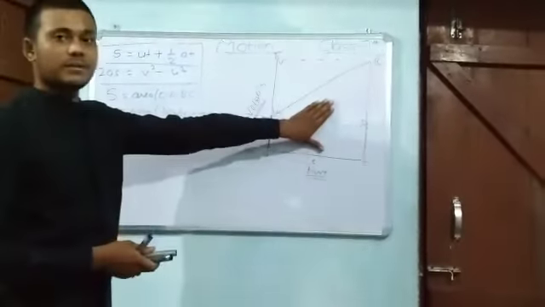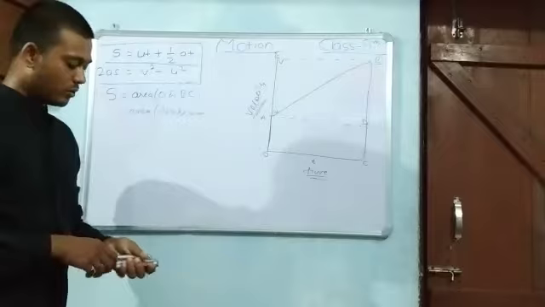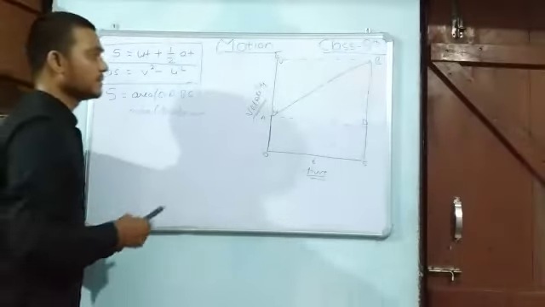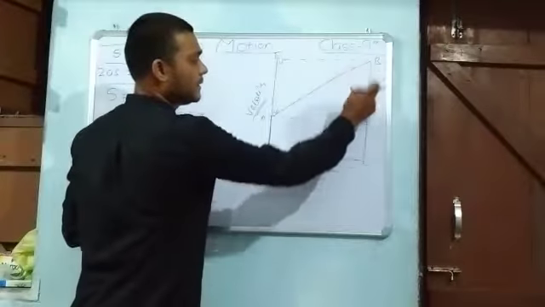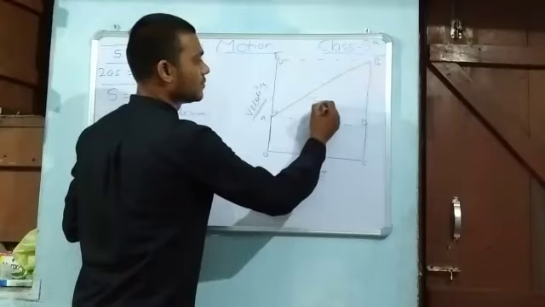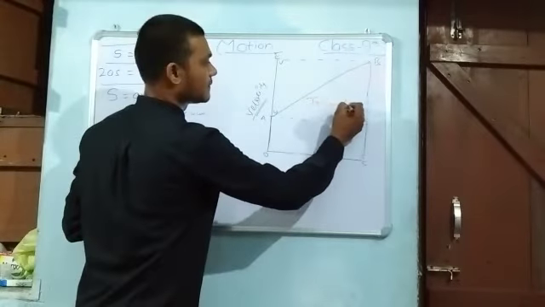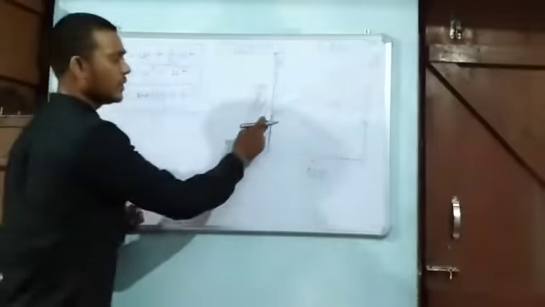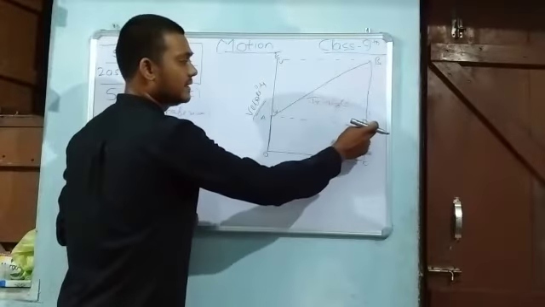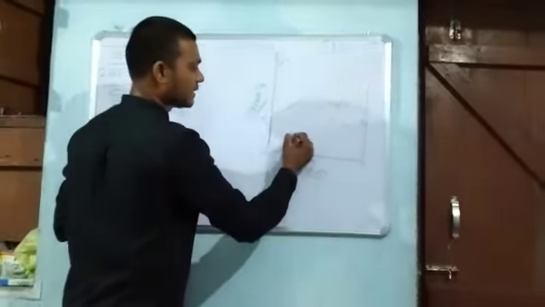If you see this trapezium, you also see one thing, which is OBD, a triangle, and OACD, or DC, is a rectangle.